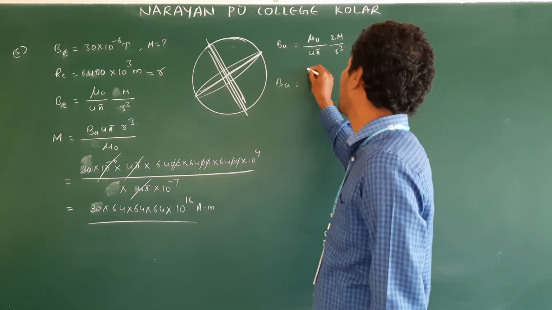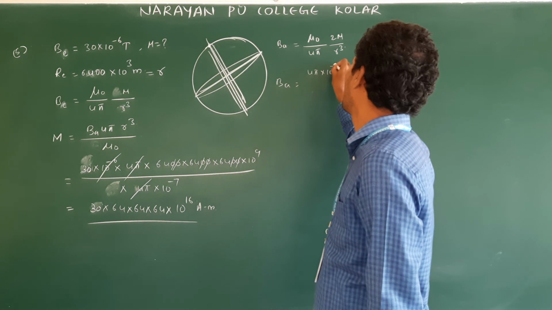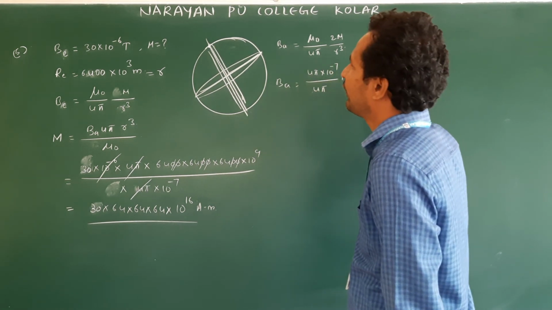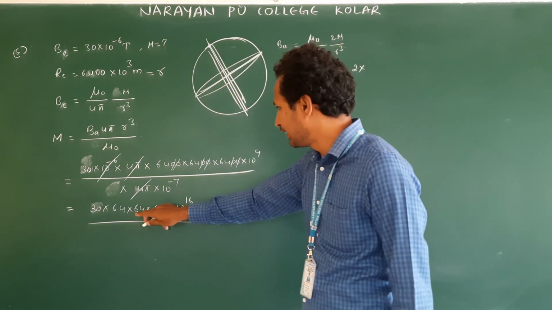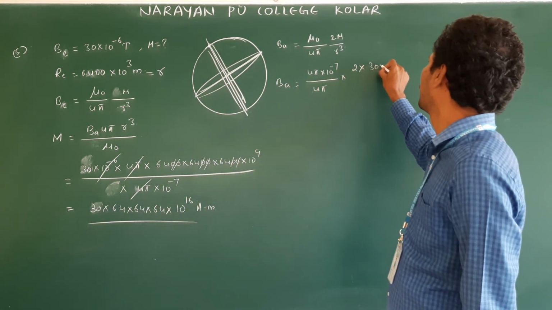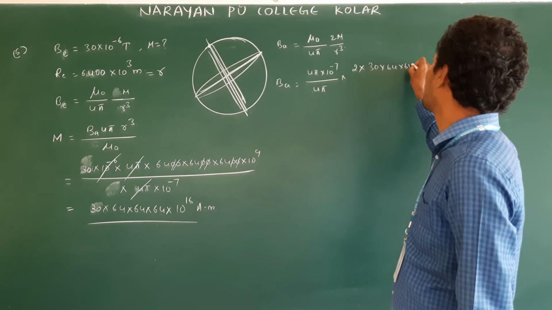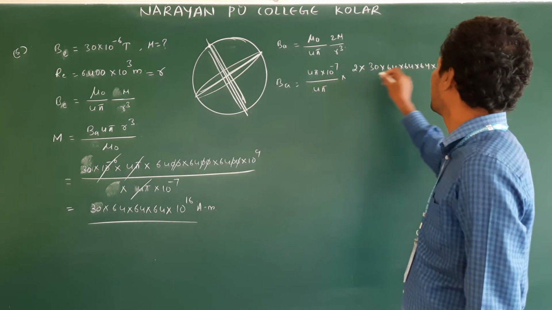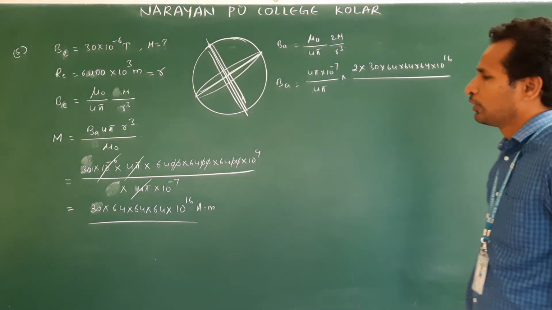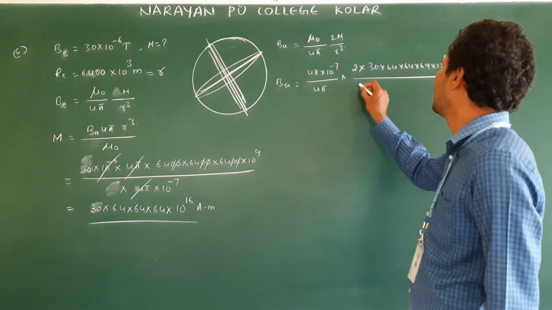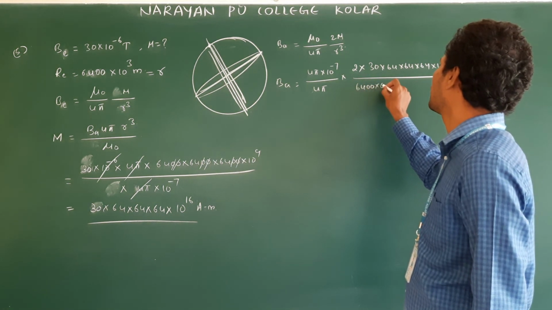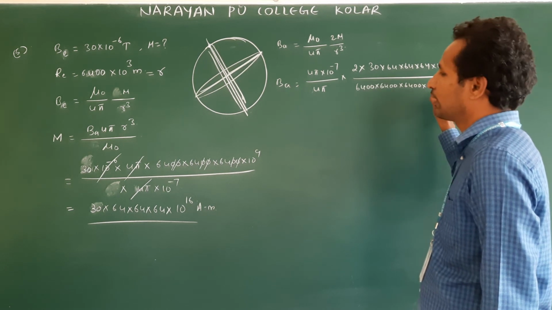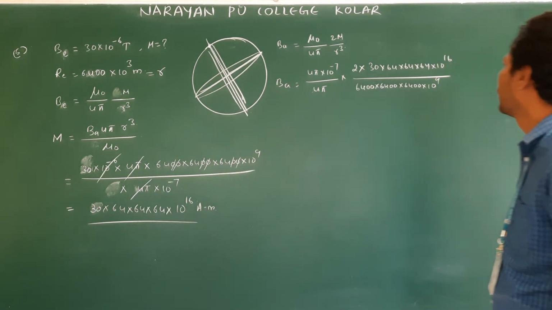Mu naught is 4 pi into 10 power minus 7, by 4 pi into 2, and M we already calculated: 30 into 64 into 64 into 64 into 10 power 16, by r cube, which is 6400 into 6400 into 6400 into 10 power 9.